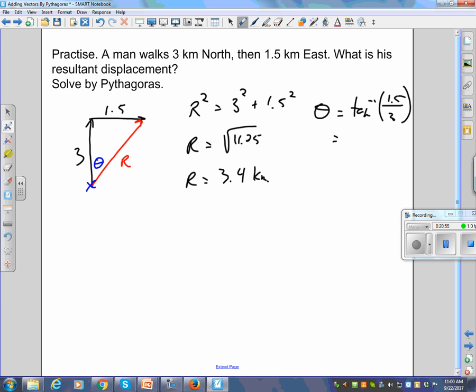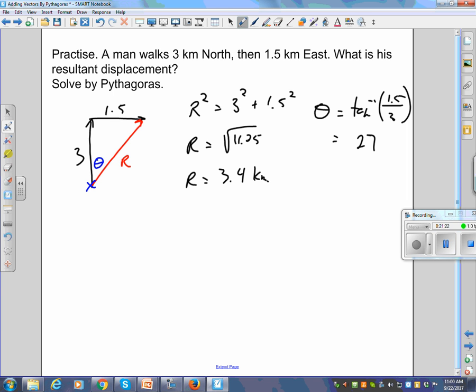Okay, that's too much, right? This is fine. And then just the answer. So 1.5 divided by 3, second function, tan. 26.6 or 27. I like to round to the full degree. So that's going to be 27 degrees.